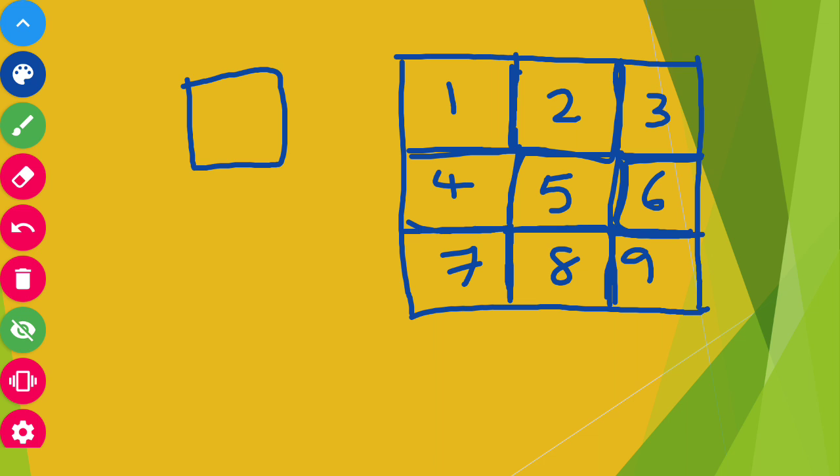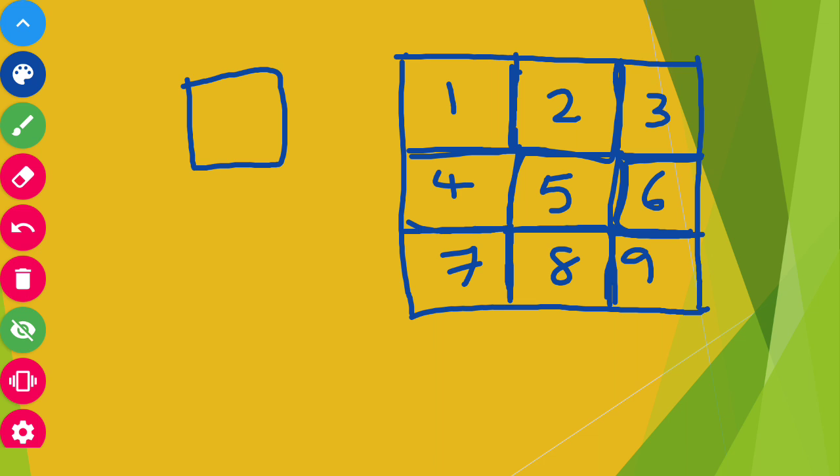By this we can measure exactly the area of the photo frame. So by using square I can measure the area accurately.